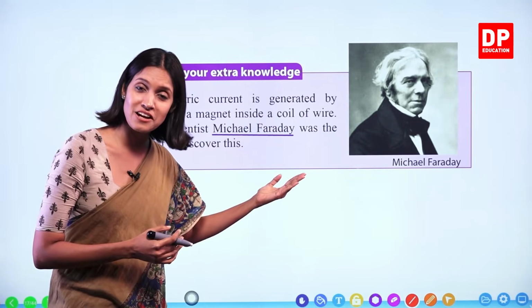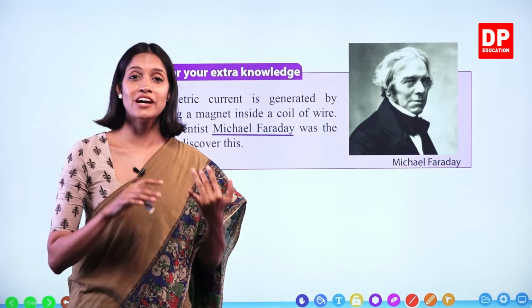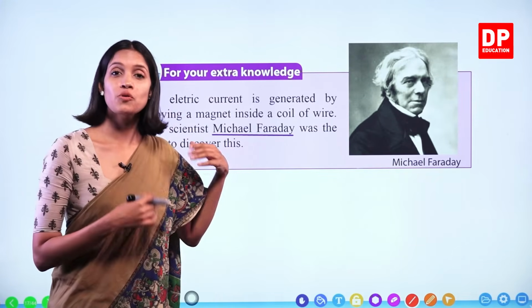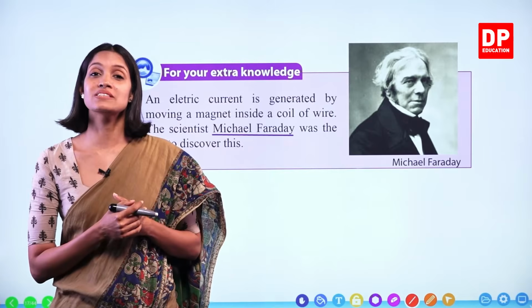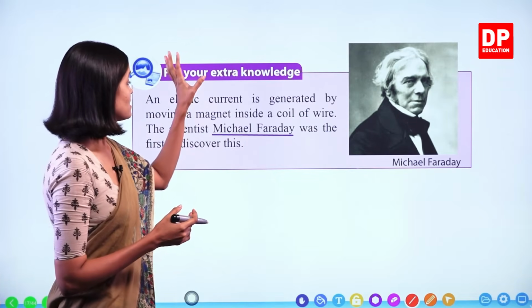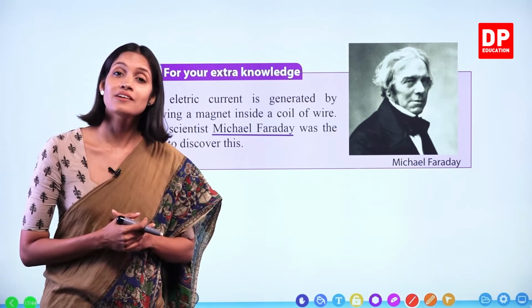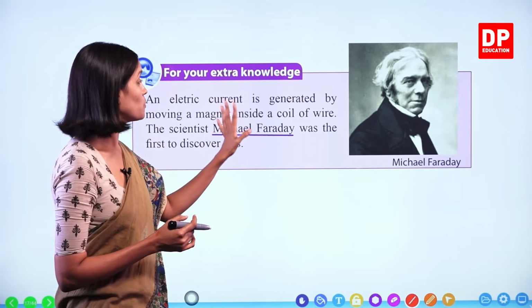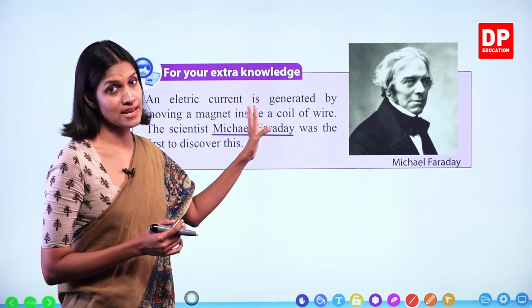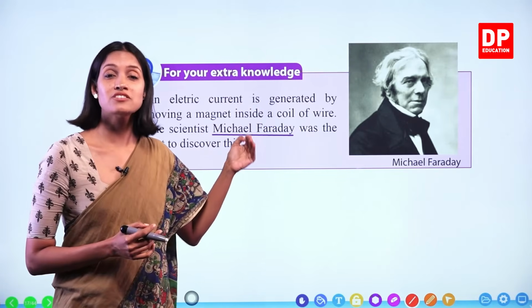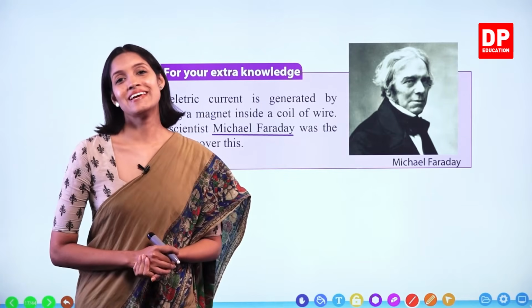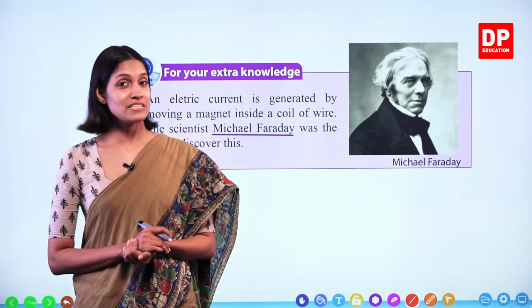Because of this discovery, we could generate hydropower and wind power, because all the power plants use these types of generators where this theory is used. So this discovery was a very important milestone in science. Because of this, we can generate electricity easily. Right, children? Now we have completed this chapter.